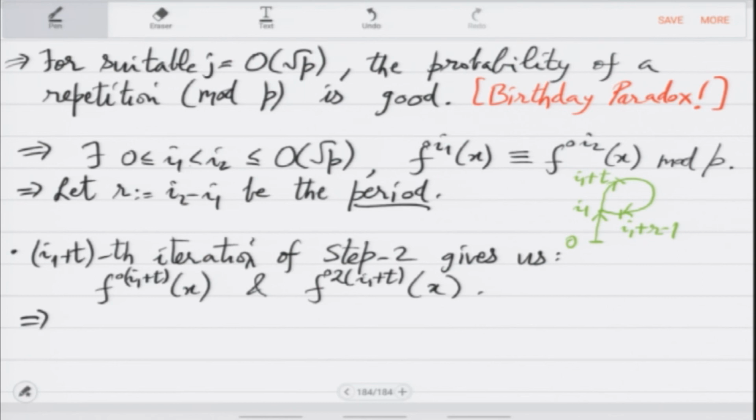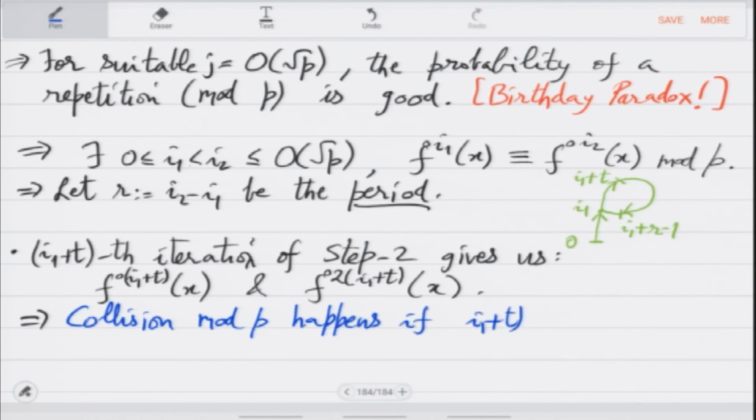So a collision occurs, that's the key thing. So a collision mod p happens if these two values overlap mod r, the period.